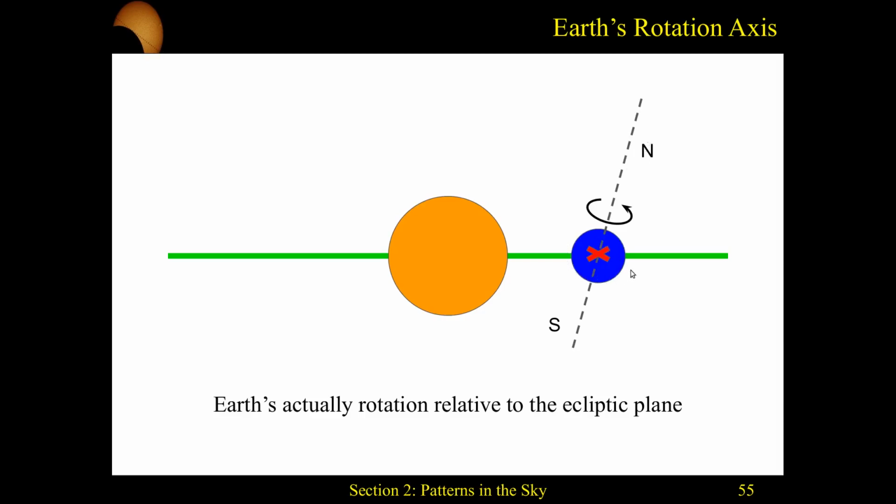Earth is rotating on this tilted axis relative to the ecliptic plane. And this angle should be very familiar to you. If I draw an angle going straight through the ecliptic plane relative to the angle that Earth is rotating around, we get that 23.5 degree angle back.